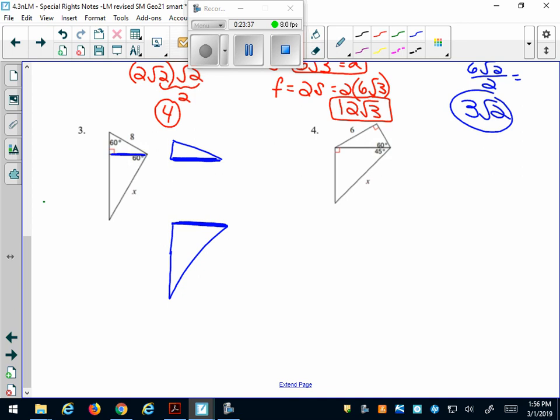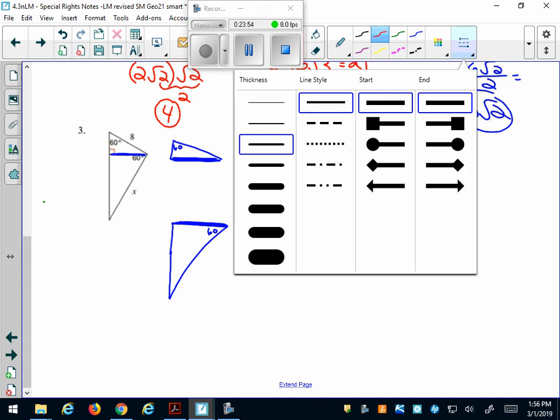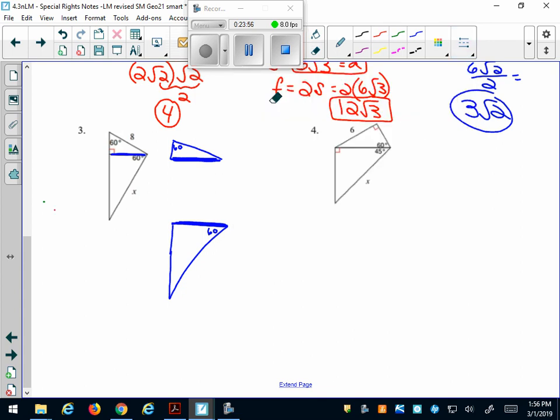Because that's the side that's stuck together in your diagram. But we've got a 60-degree angle here and a 60-degree angle here. So when we label the sides, the side across from 30 is S, side across from 60 is S root 3, side across from 90 is 2S.